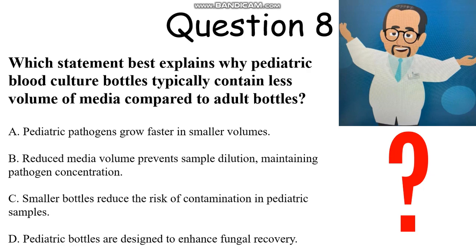Next, which statement best explains why pediatric blood culture bottles typically contain less volume of media compared to adult bottles? Is it because pediatric pathogens grow faster in small volume, or because reduced media volume prevents sample dilution, maintaining pathogen concentration, or smaller bottles reduce the risk of contamination in pediatric samples, or pediatric bottles are designed to enhance fungal recovery?